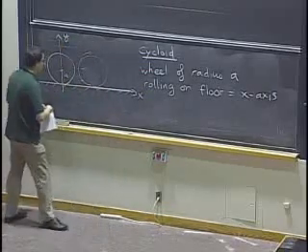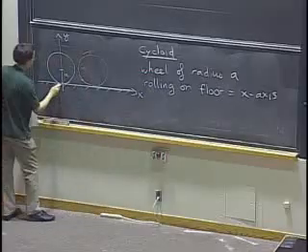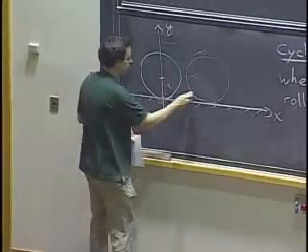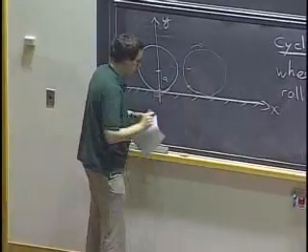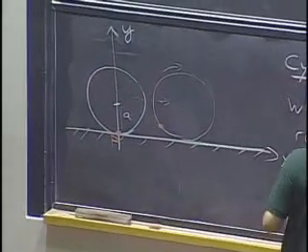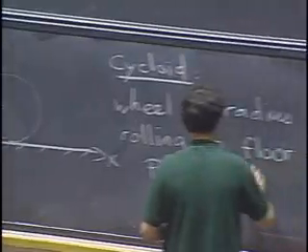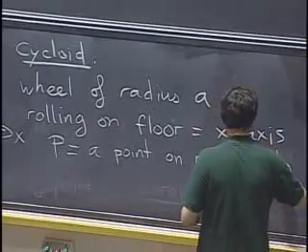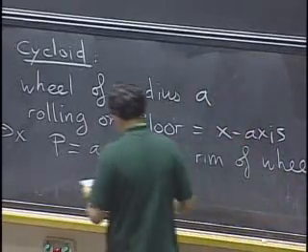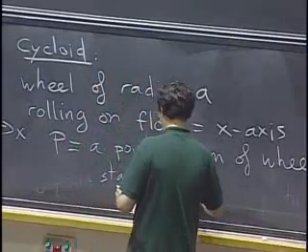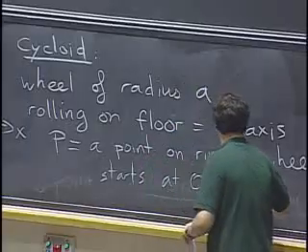And we have a point P that's painted on the wheel. Initially, it's at the origin. But of course, as time goes by, it moves on the wheel. So P is a point on the rim of the wheel, and it starts at the origin. So the question is, what happens?